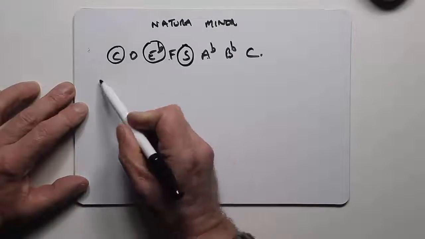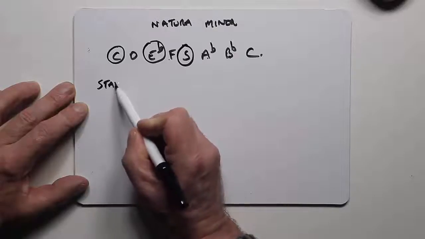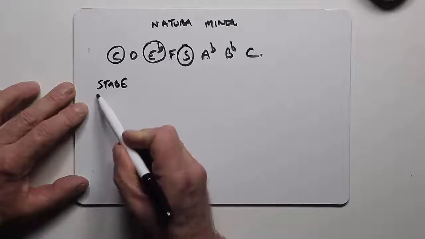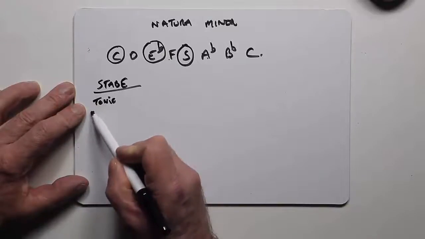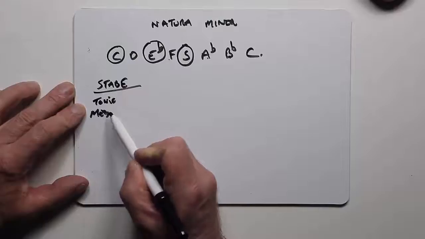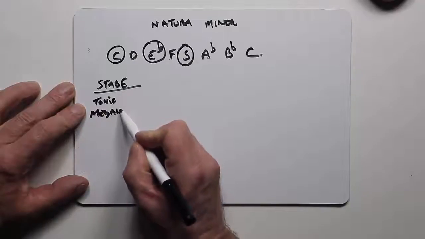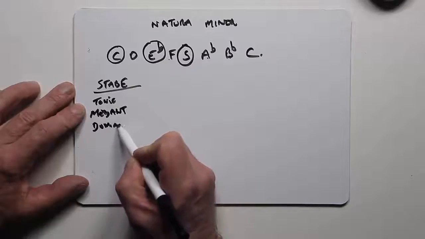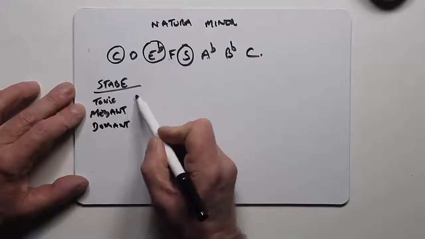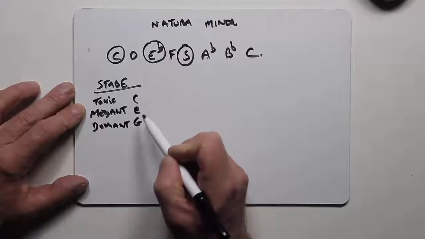They're so stable, would be tonic, mediant, and dominant. So in this example, we're talking C, E, and G, right?